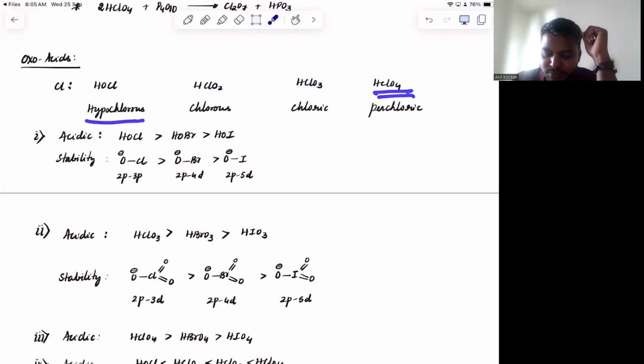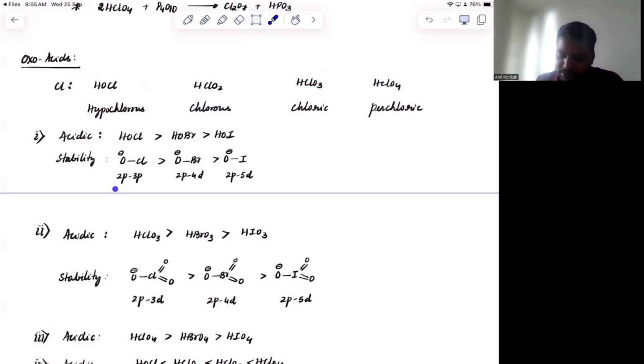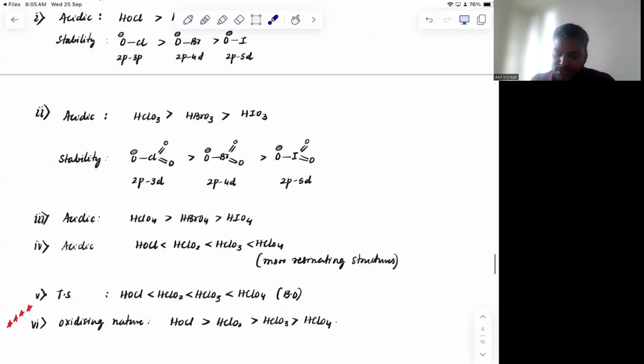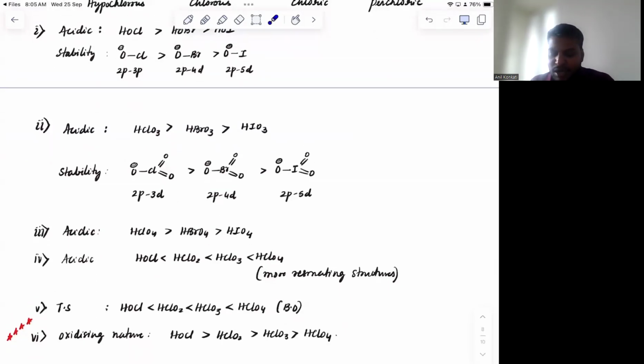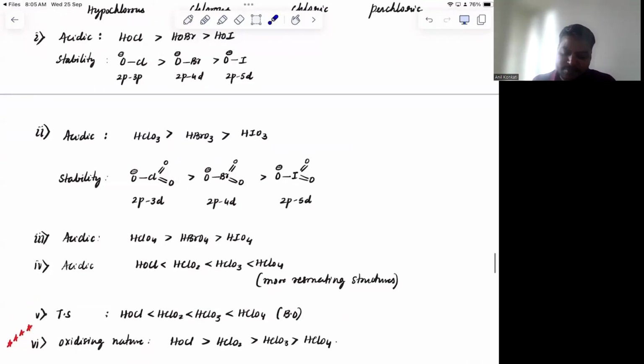Remember the names: hypochlorous, chlorous, chloric, and perchloric acid. Acidic strength wise, HOCl will be greater than HOBr and HOI. This is to do with the stability because it will make 2p-3p overlapping, 2p-4p, and 2p-5d overlapping. So obviously basic nature wise, IO minus is a stronger base.